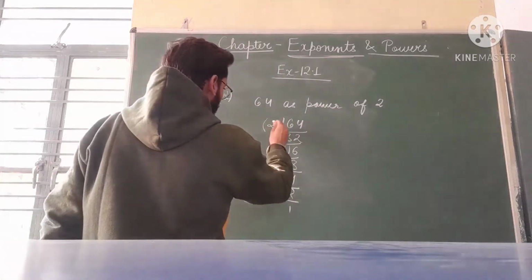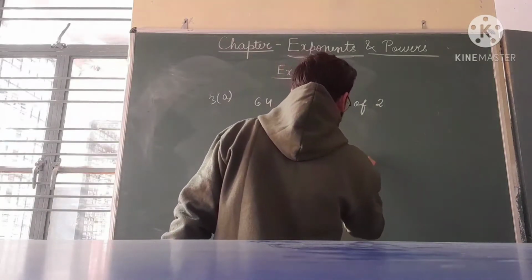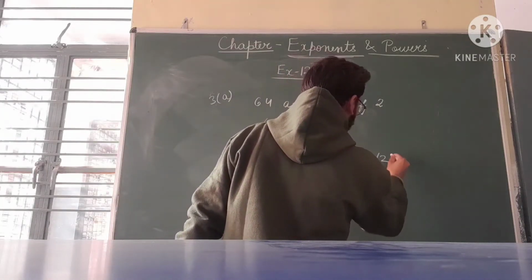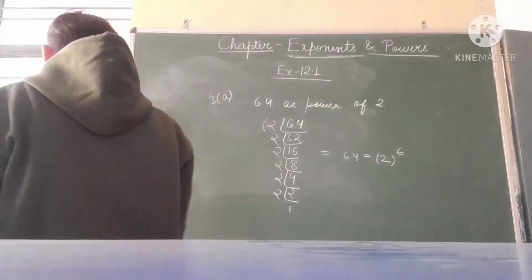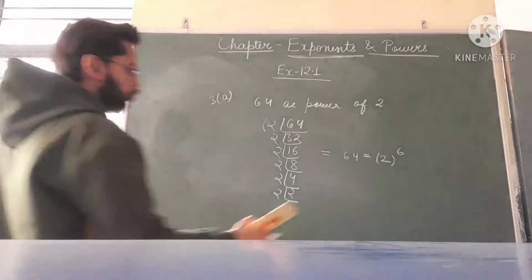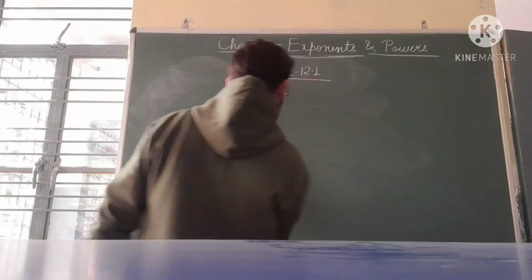So we get 2 six times. That is, 64 will be considered as 2 to the power 6. Like this we have to do the questions.